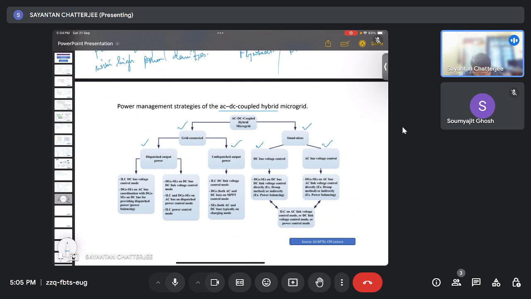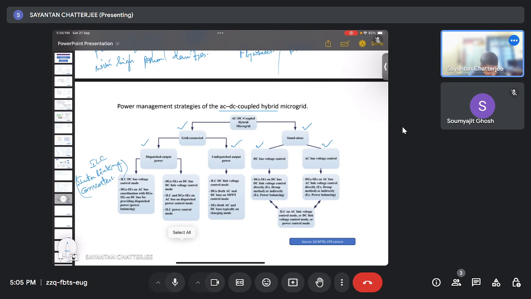In the dispatch power output, the ILCs are interlinking converters, in the DC bus voltage control mode of operation. Now DGs on the AC bus coordinate and provide dispatch power mode.